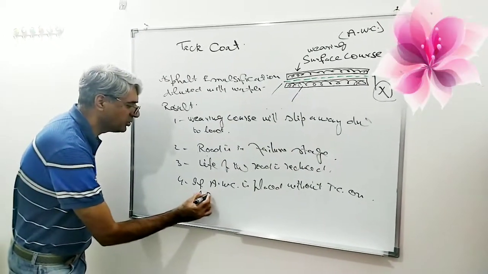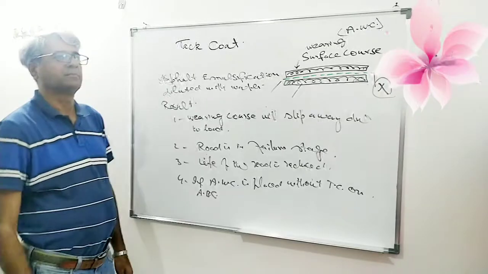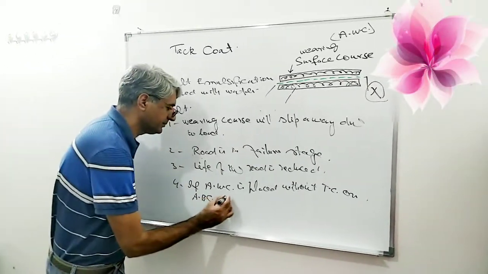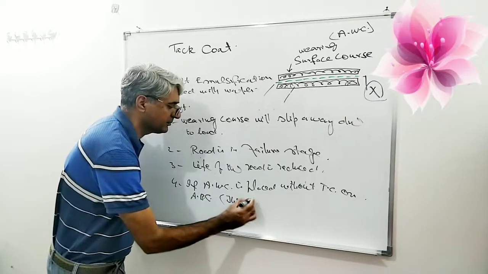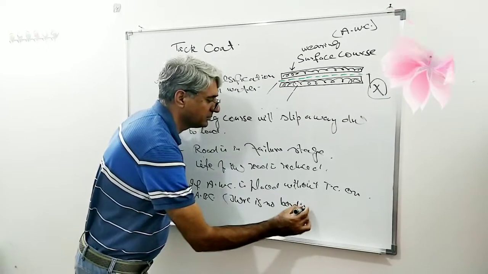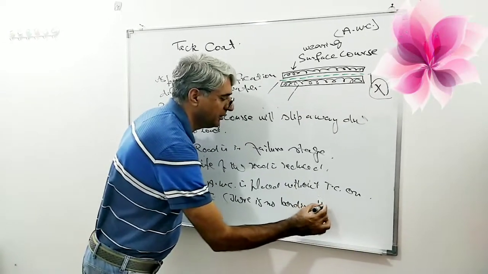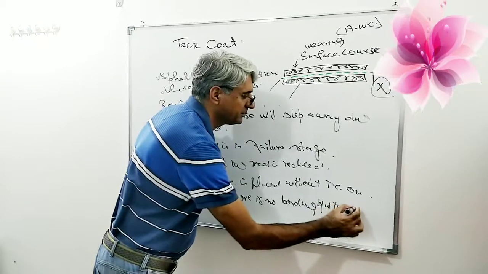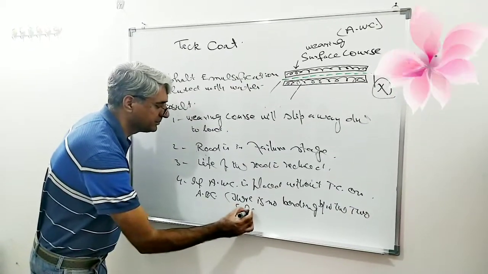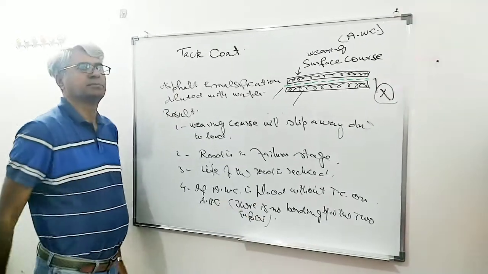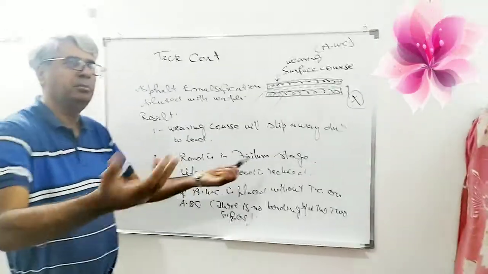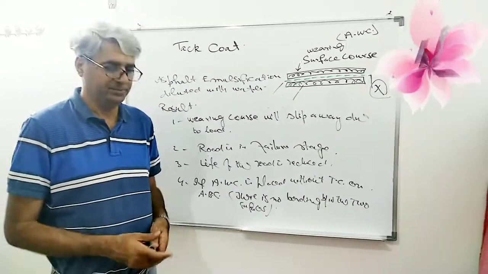On the asphalt base course. There is no bonding between two surfaces. So keep this in mind. If there is no bonding, it means that the road is losing its life.